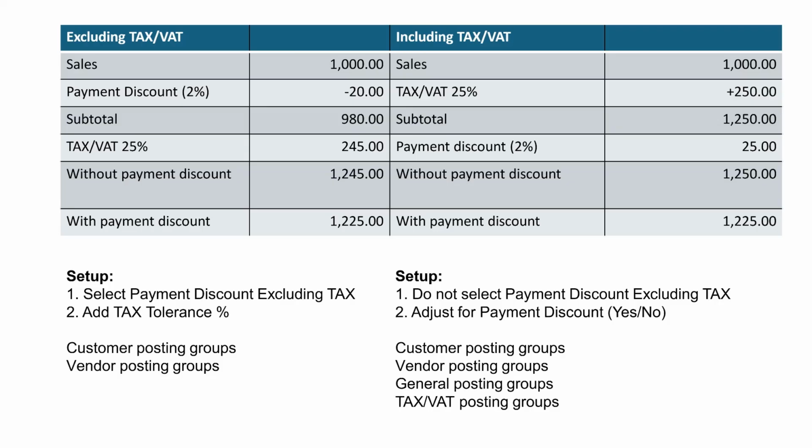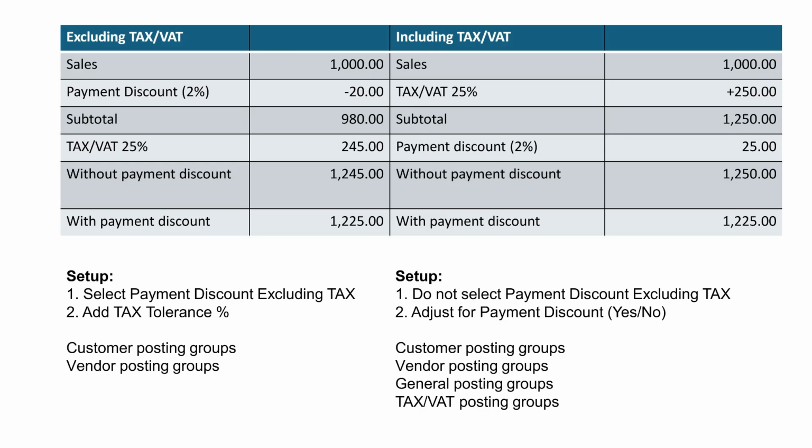Now, when it comes to the setup, it will also vary a little bit, as you can see down below. For the excluding setup, you will need to select the payment discount excluding tax or VAT option in Business Central, and you will also need to add a tax tolerance percentage. The two main posting groups that you will need to keep an eye out for are the customer posting groups and the vendor posting groups.